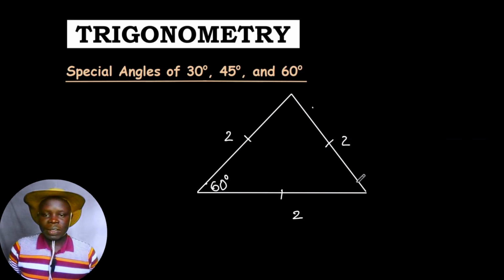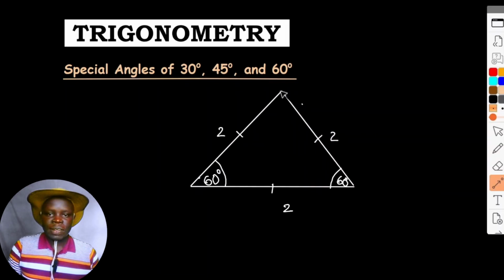This is 60 degrees. But remember, if we divide this triangle, we break it into two with a perpendicular bisector from the top, so this angle is divided into two.